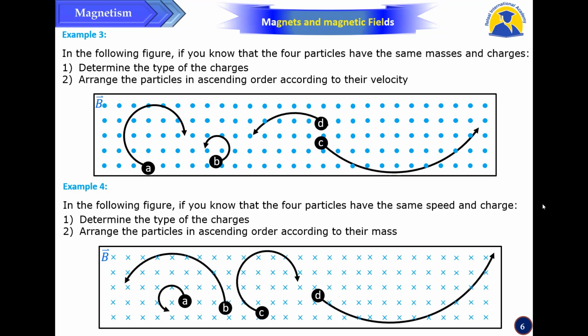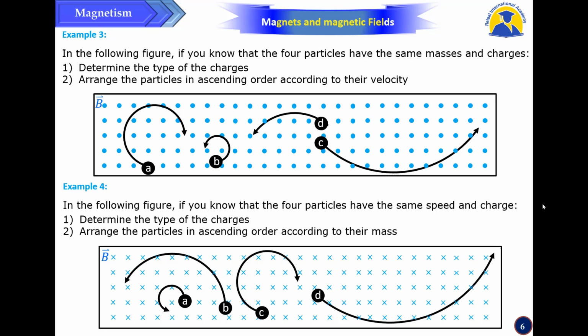Example 3. In the following figure, if you know that the four particles have the same masses and charges, determine the type of the charges. Okay, what we will do here, we will use our right hand and we will deal with the particles as positive charges. If the direction of force is the same direction as the movement, then the particle is positive.